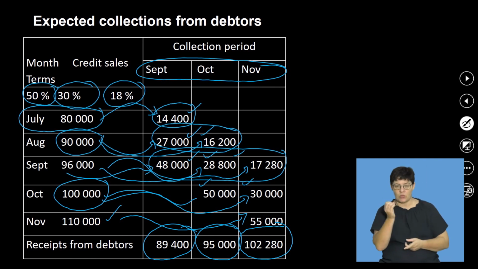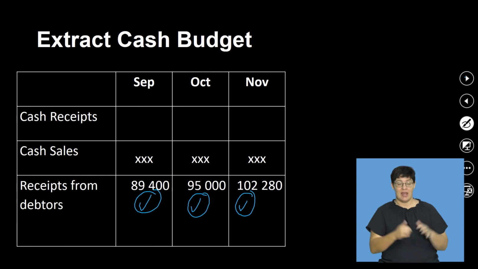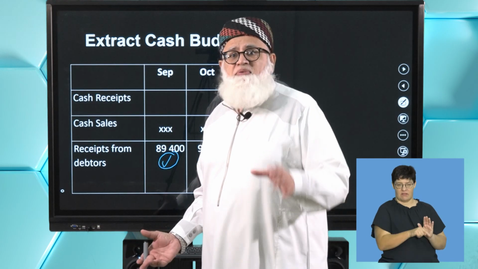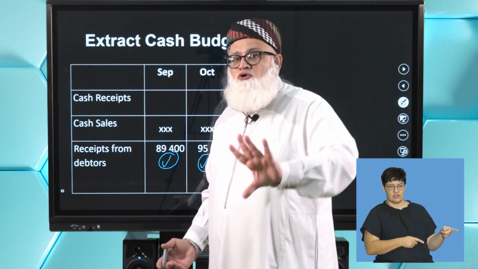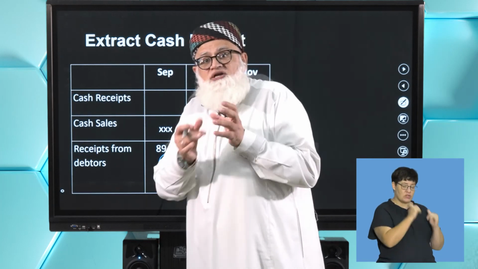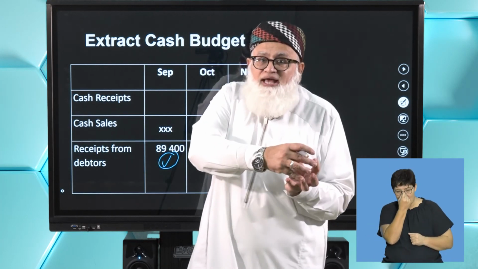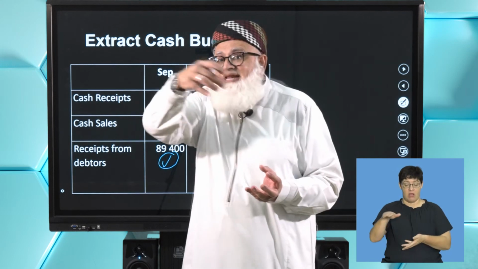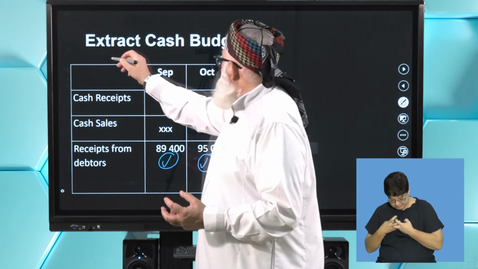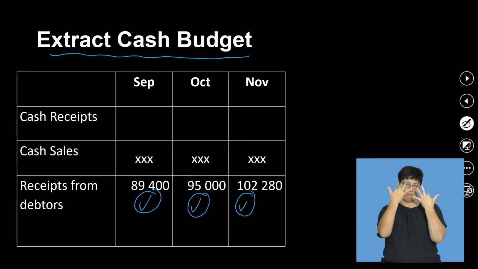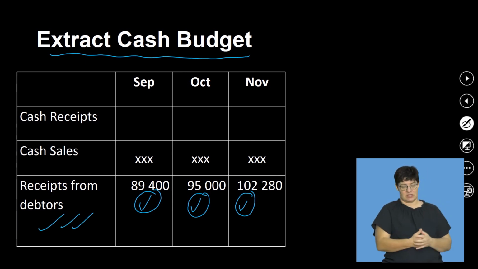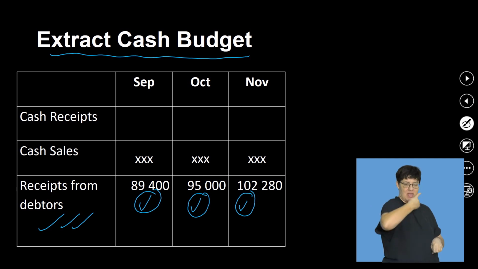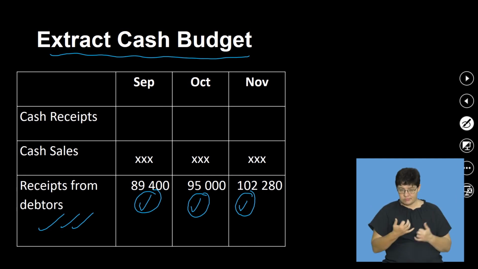So obviously in accounting, we do not apply the double negative. That means we don't penalize you unnecessarily because you've already done the calculation, immaterial whether it's correct or incorrect. The fact of the matter is you understood that the debtors collection schedule will fit into my cash budget, as you can clearly see it here. Here's an extract of my cash budgets. Here's my receipts from my debtors. Where's the calculation? In my debtors collection schedule.